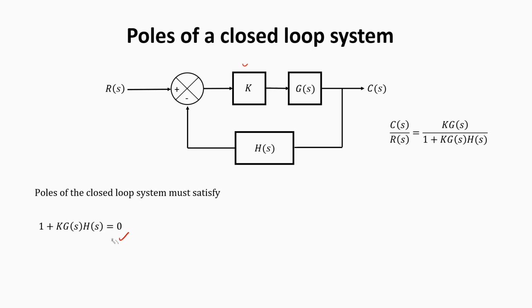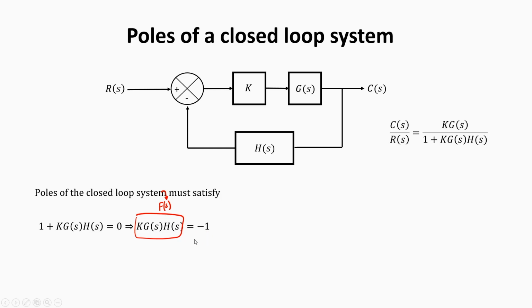You see, finding the solution of this system is equivalent to finding the solution of this equation, kGH equal to minus 1. Now, look at it from the perspective of magnitude and phase. So, what does this mean? See, you can think of this as the F(s) transfer function that we took in the last example. The question that we are asking is, what are the values of s that I can put here so that I get minus 1?